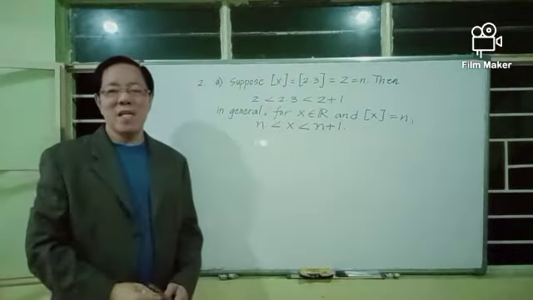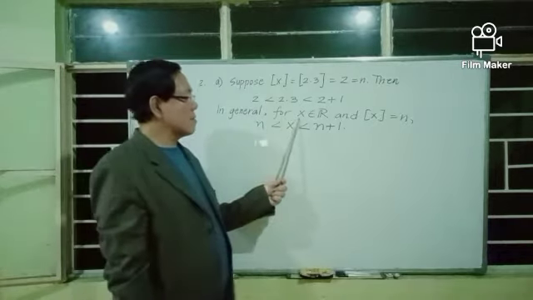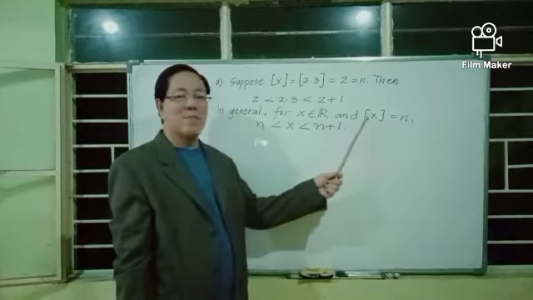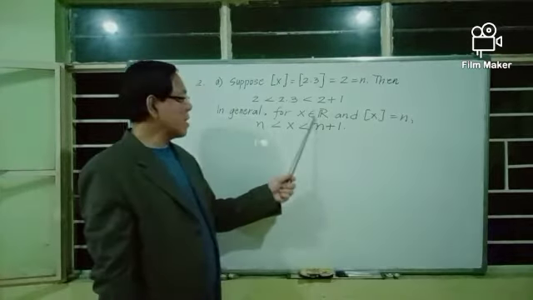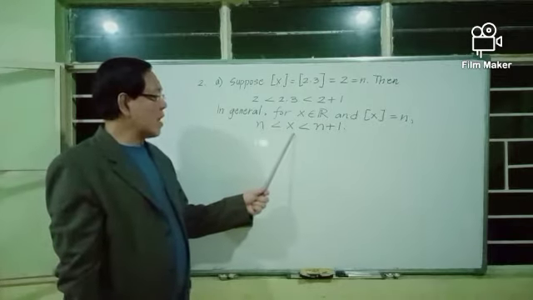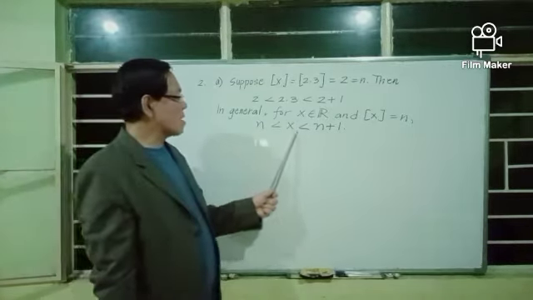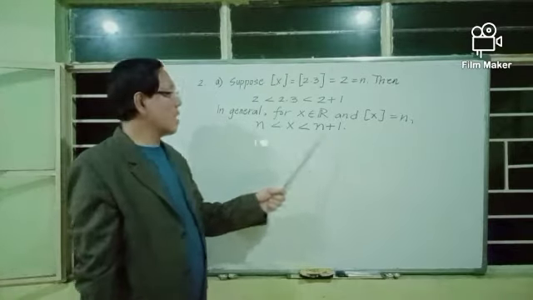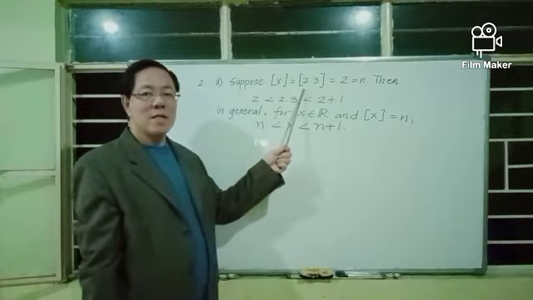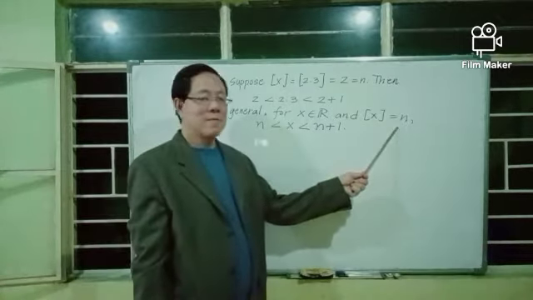In general, for any real number x, if the greatest integer function of x, that is the floor of x, is n, we say that x is greater than or equal to n, but x is less than n plus 1. A particular example is when x is 2.3. The greatest integer function of x is 2, that is your n.